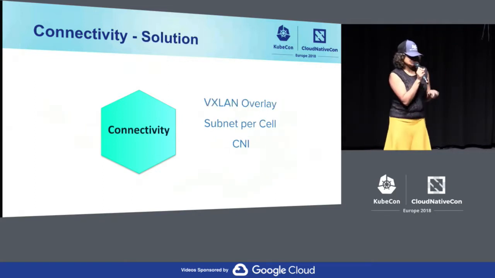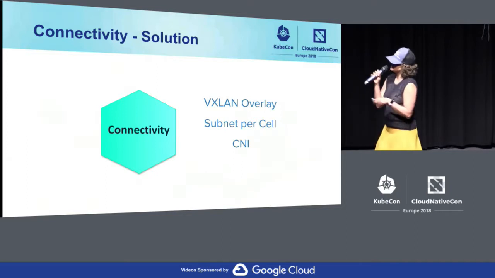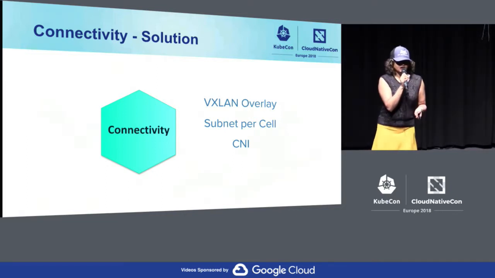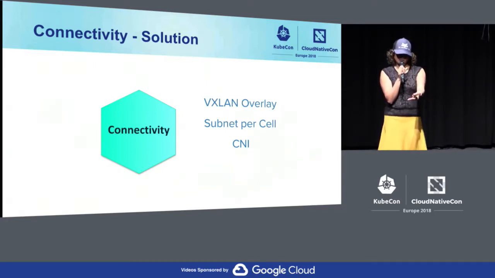And so what this turned out to in terms of a solution was actually to use a VXLAN-based overlay so that it would work in any environment, and to allocate a subnet per cell from which every single container could get an IP address. And then finally, to leverage CNI so that it could be extensible and you can replace the batteries included CNI plugin with anything that you choose.